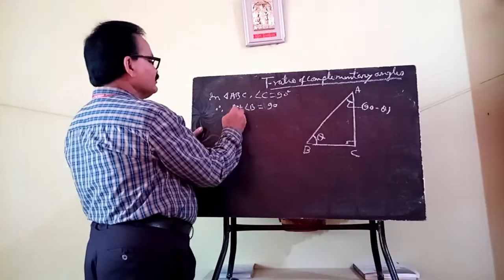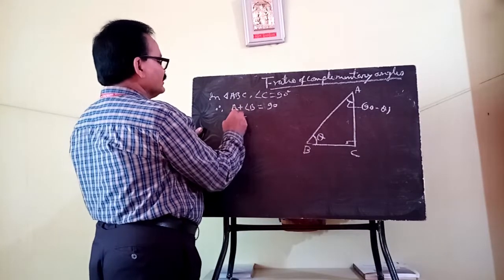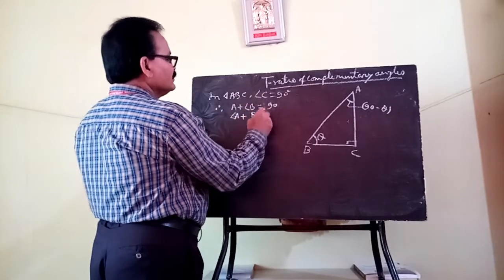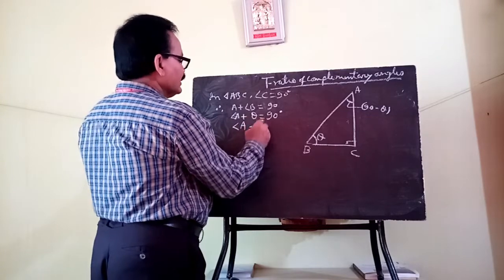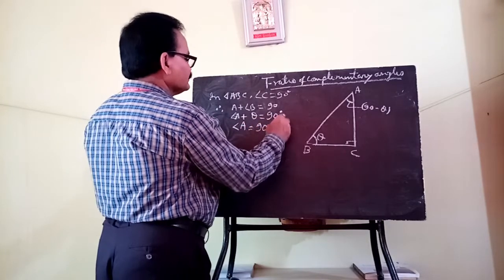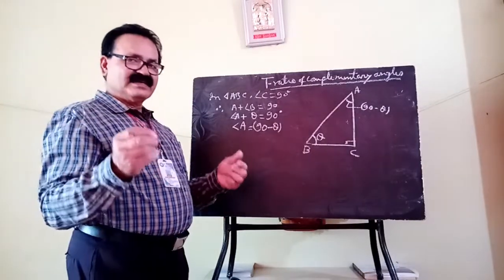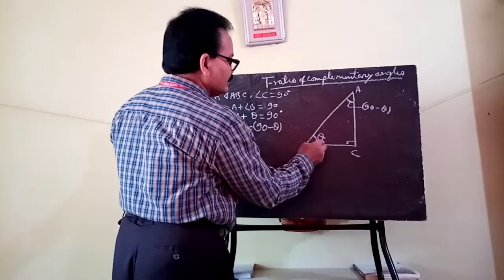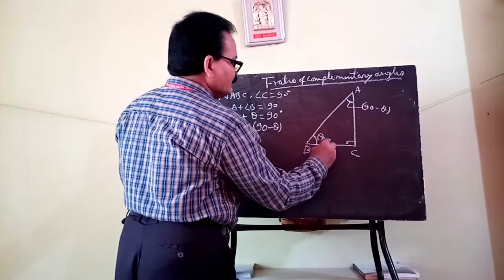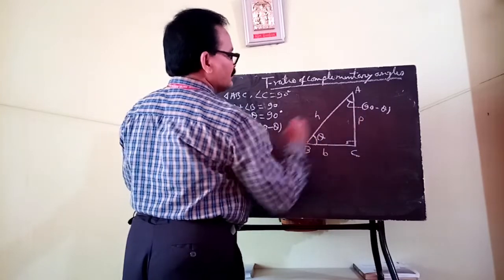So if B is theta, then angle A must be equal to 90 minus theta. Okay. Now you have to find out the various trigonometrical ratios. For angle theta, this will be your base, this is your hypotenuse, and this is your perpendicular.